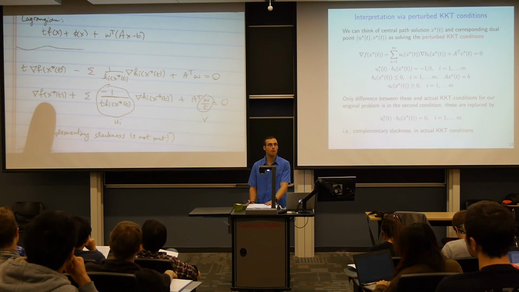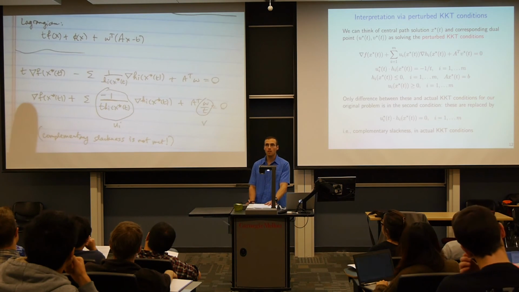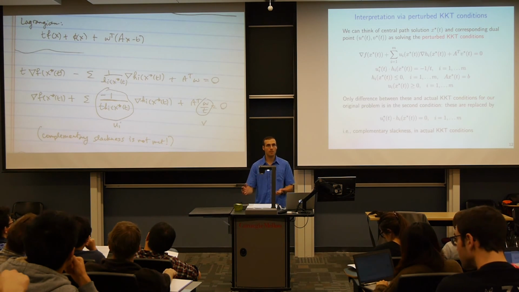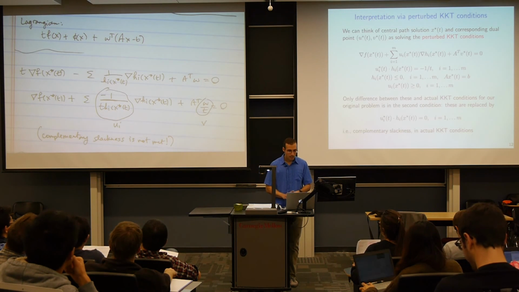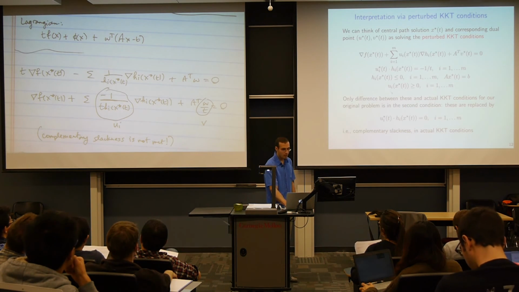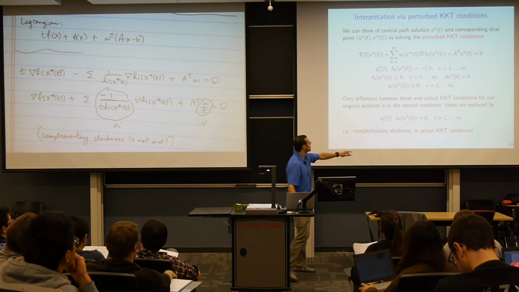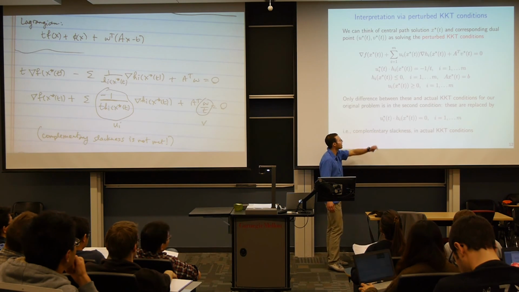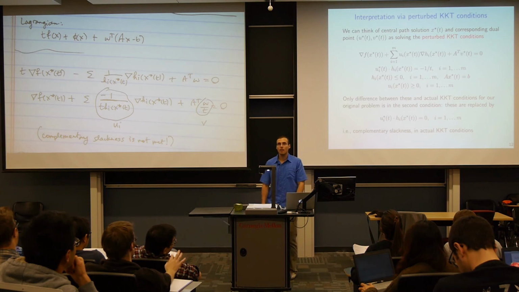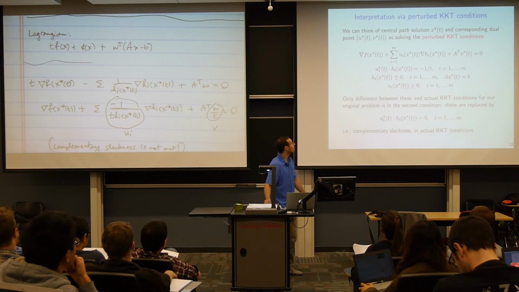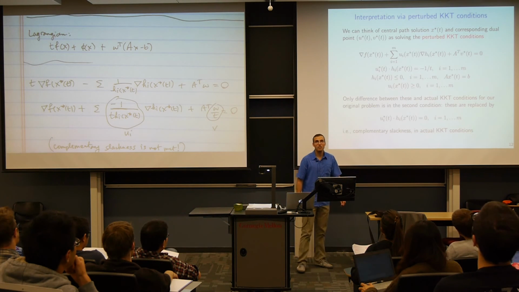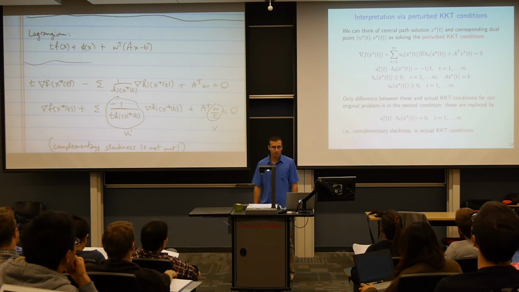By construction, I have that h_i of x is less than 0 and Ax is equal to b. So that has almost everything satisfied with the KKT conditions, except for complementary slackness. And instead of having the product of u_i and h_i equal to 0, as we do in the actual KKT conditions for the original problem, by construction we have their product equal to minus 1 over t. That's how we've defined them.